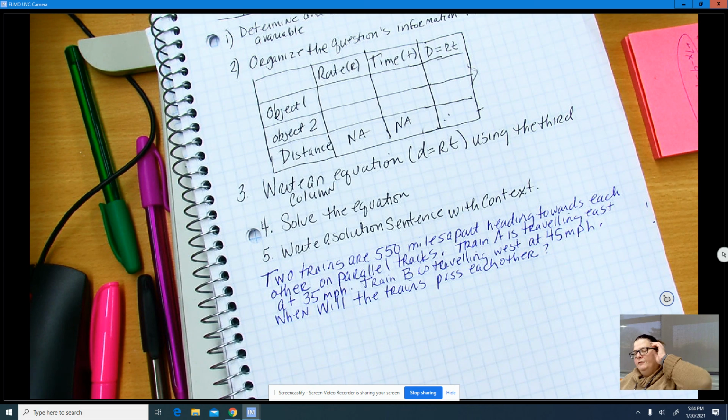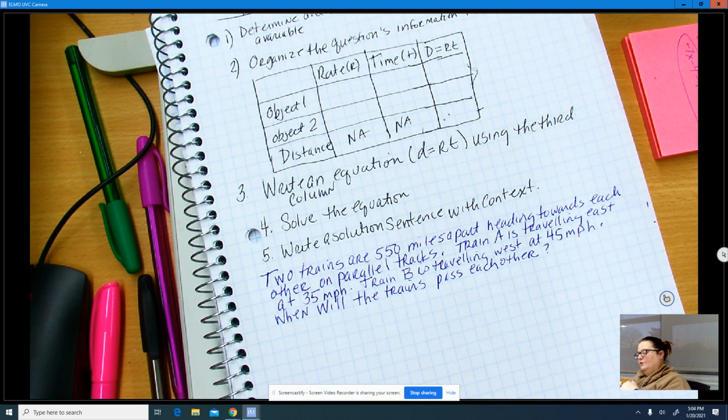So a couple things. If the trains were traveling at the exact same speed, that would be pretty easy. We would just take our distance, divide it in two, and divide it by how fast they're traveling, and we'd know how much time it would take to get there, right? But in this case, they're not traveling at the same speed. Train B is traveling faster than train A. So by the time they meet, I would expect that train B has covered more distance than train A, but they are still going to pass each other, just not at the exact halfway point.